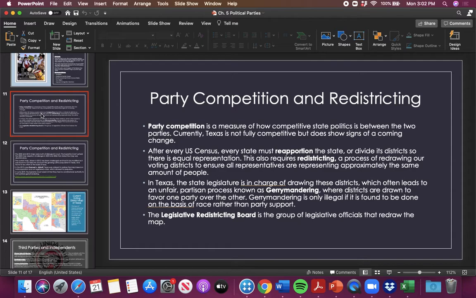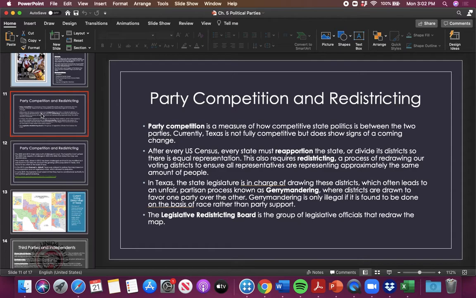But what has happened in the past is what we call gerrymandering. Gerrymandering is when the districts are drawn, like we said, to favor one party over the other. Gerrymandering is legal if it is done, you can gerrymander on the basis of party affiliation, but it is illegal to gerrymander on the basis of race.